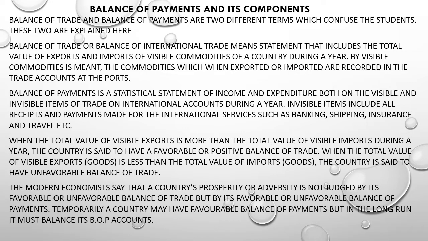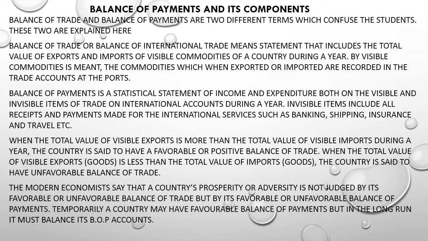In BOT, or balance of trade, we include these two items, that is visible exports and imports and invisible exports and imports, that is goods and commodities and services. Some economists also include in it transfer payments, that is the foreign exchange which we get from other countries and which we pay to other countries, remittances.